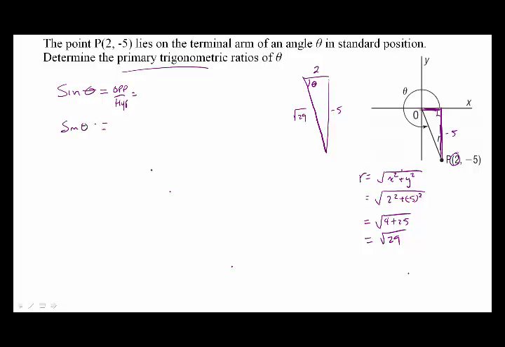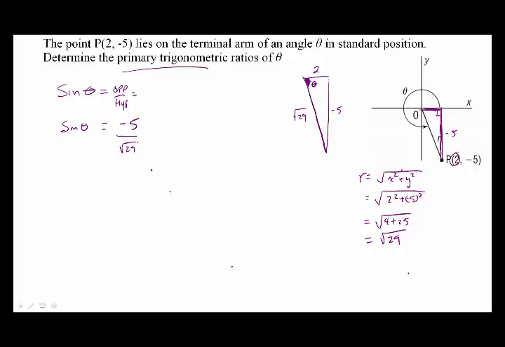Sine theta is equal to, what was the opposite? Remember, there's the angle that constrains this triangle. What's the opposite? Negative 5. Can't ever be the hypotenuse. And the hypotenuse was root 29.